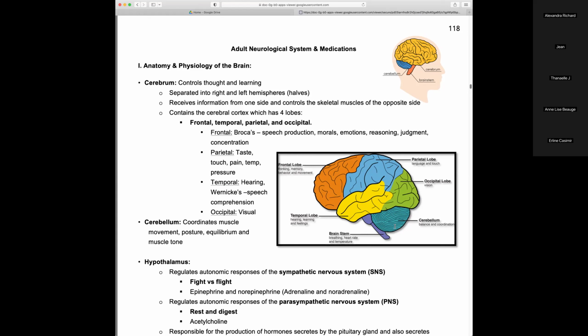The cerebellum is underneath it. And then the brainstem starts from the base of the brain, and the brainstem will connect with your spinal cord. Your brain and spinal cord make up your central nervous system.